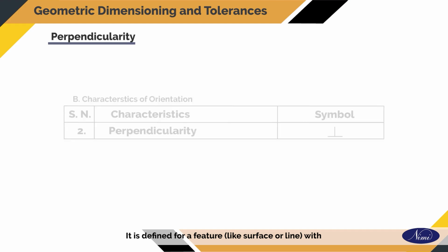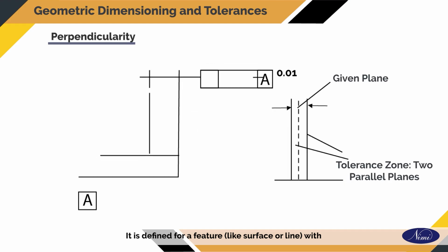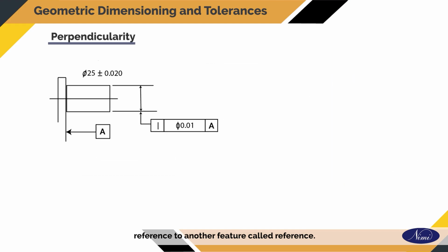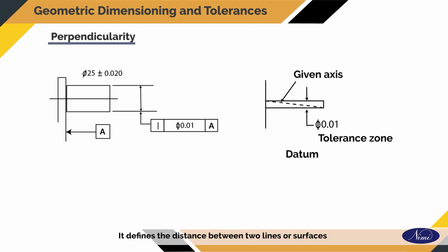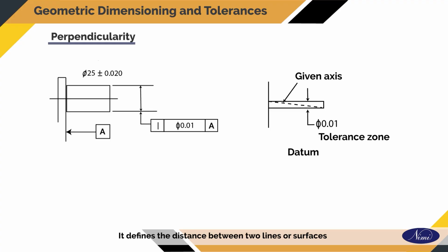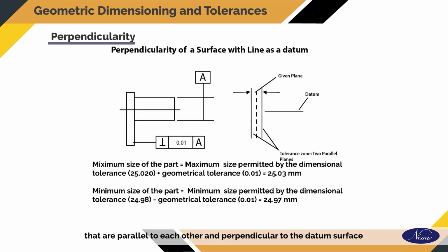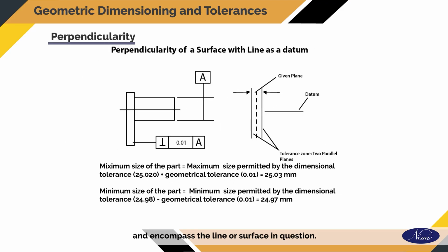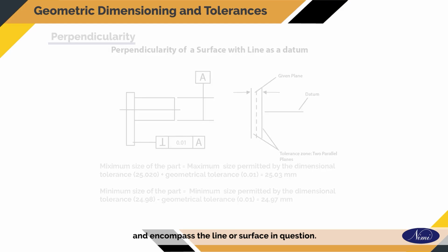Perpendicularity. It is defined for a feature like a surface or line with reference to another feature called reference. It defines the distance between two lines or surfaces that are parallel to each other and perpendicular to the datum surface and encompass the line or surface in question.